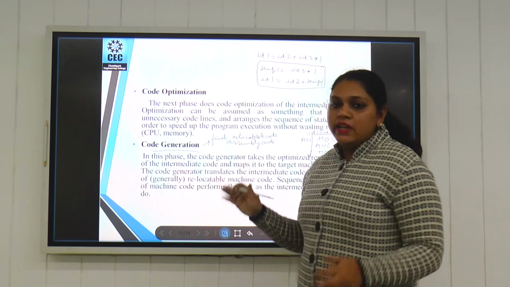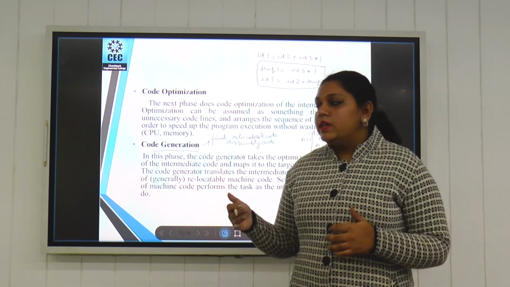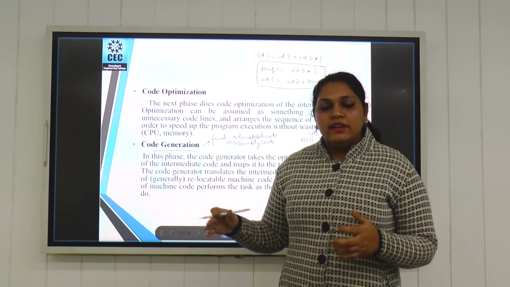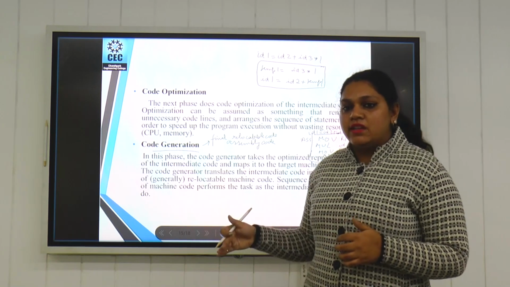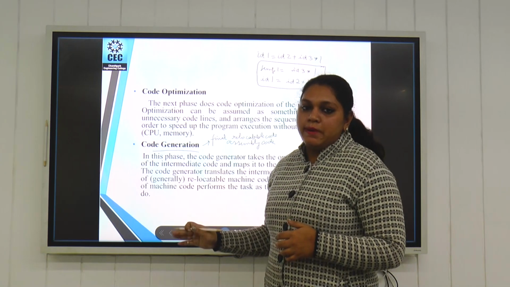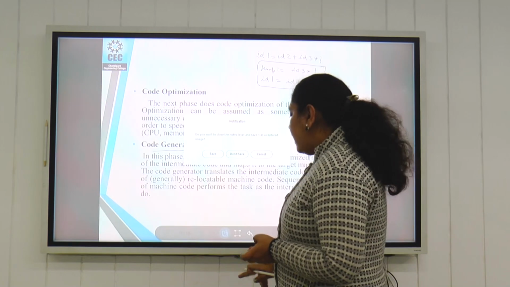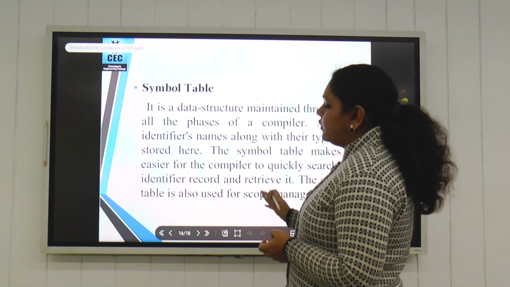So these are the various phases of the compiler. In the next videos we can see each phase in detail, like lexical analysis and its workings, syntax analysis, and the various parsing techniques and so on. But this is the basic structure and the basic functioning of the compiler. In the last slides, let us brief our discussion with the help of the symbol table.